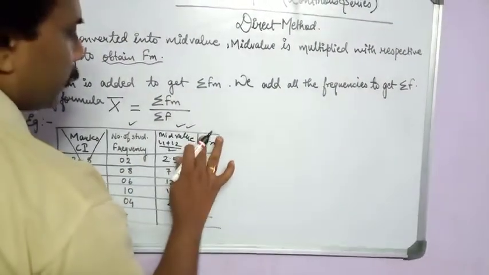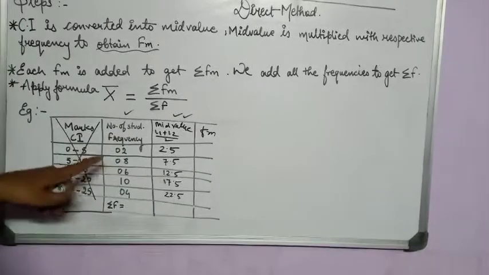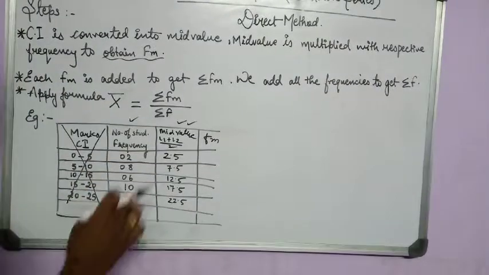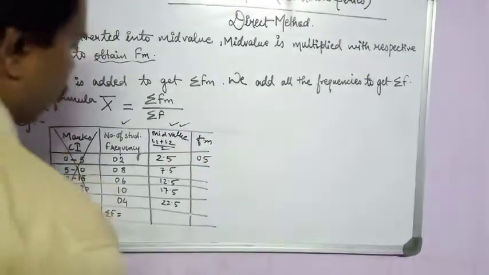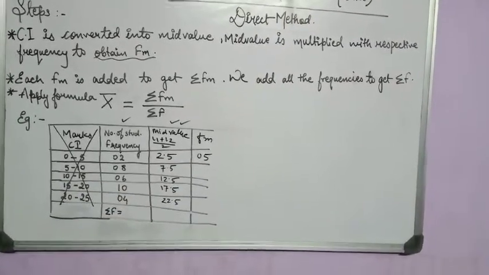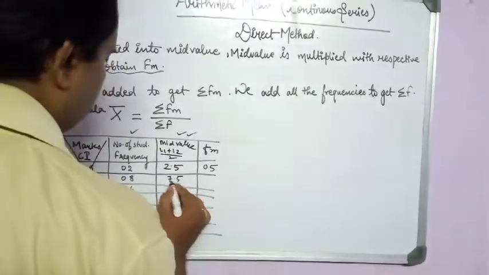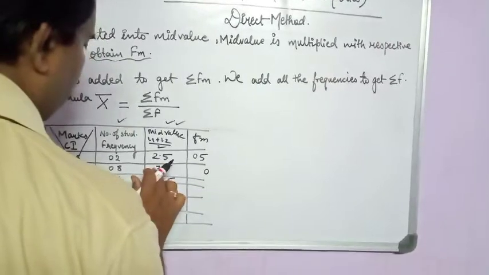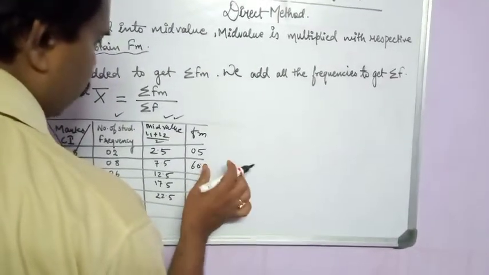Clear? The respective frequency of 2.5 is 2, so 2.5 into 2 is equal to 5. Now 7.5 into 8 is equal to 60.